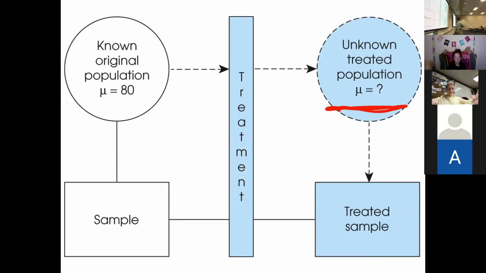Right? So if we want to see the long-term efficacies of the coronavirus vaccine, we may pull out 1,000 people who've gotten the vaccine, but that's not representative of all hundreds of thousands, millions, potentially billions of people who get the vaccine. We're just trying to infer to that treated population over here.